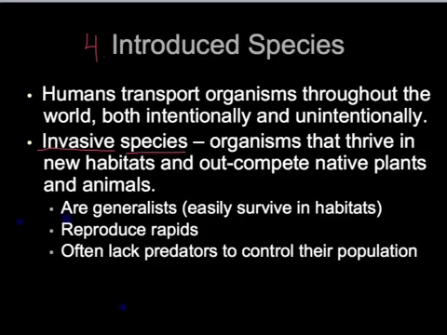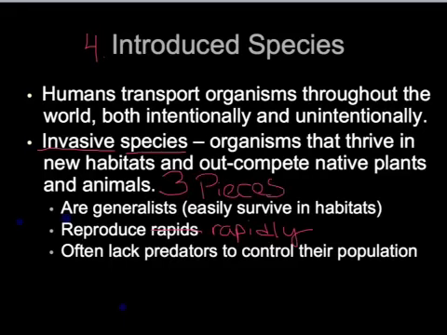So these species are what we consider generalists. They easily survive in habitats, they reproduce rapidly, and often lack predators to control their population. So there are three pieces to the success of invasive species.